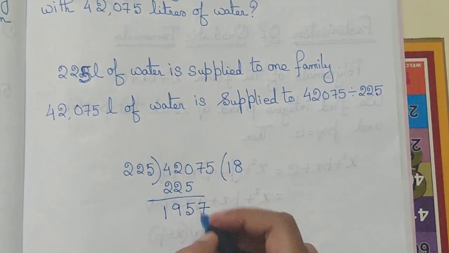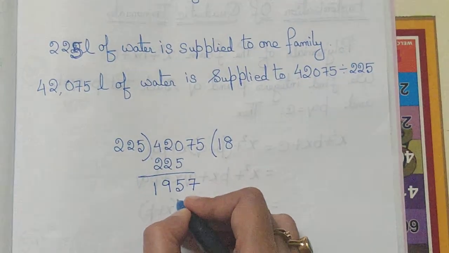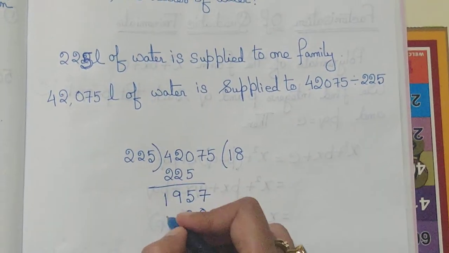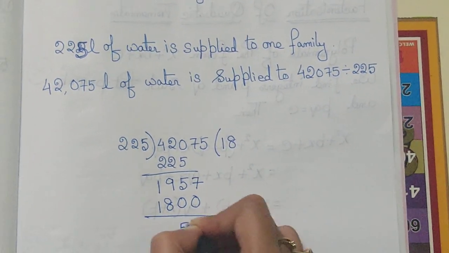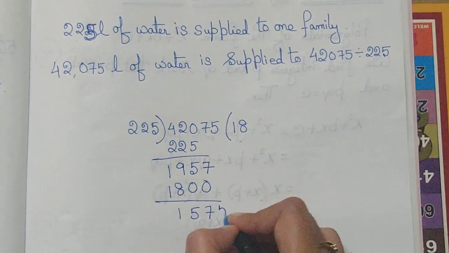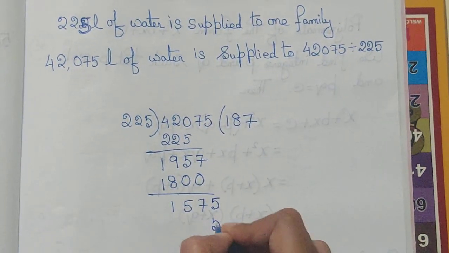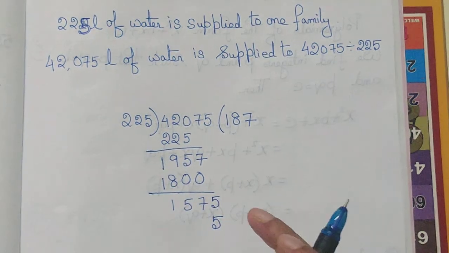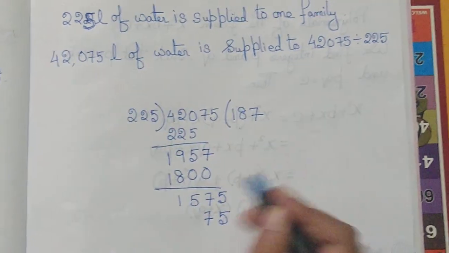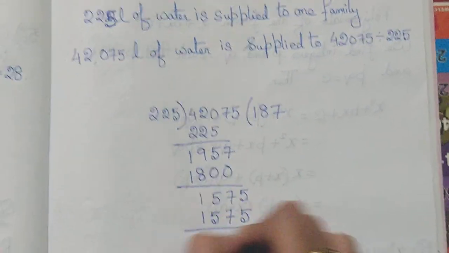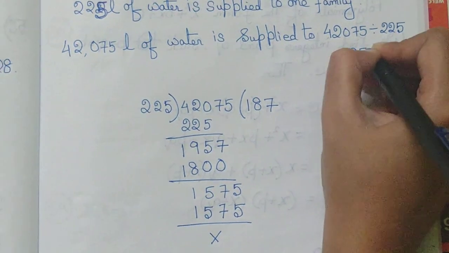Now 8 fives are 40, 4 in hand, 8 twos are 16 plus 4, 20. 2 in hand, 8 twos are 16 plus 2, 18. 7, 5, 1. Now 5 will come down. 5 sevens are 35, 3 in hand, 7 twos are 14, 15, 16, 17. 1 in hand, 7 twos are 14 plus 1, 15. So it is equal to 187.